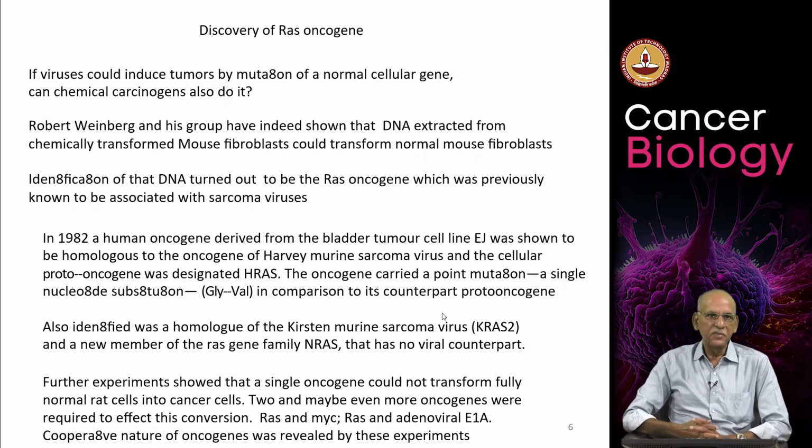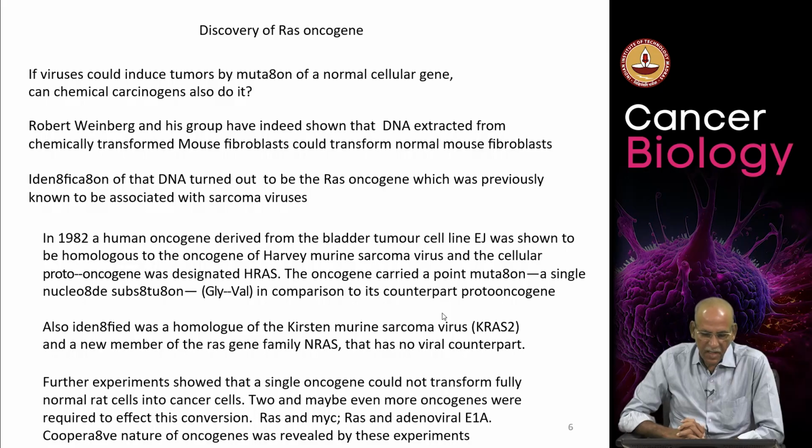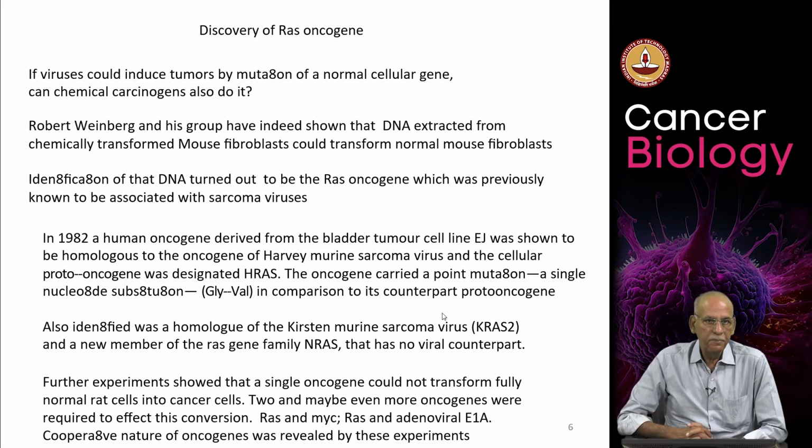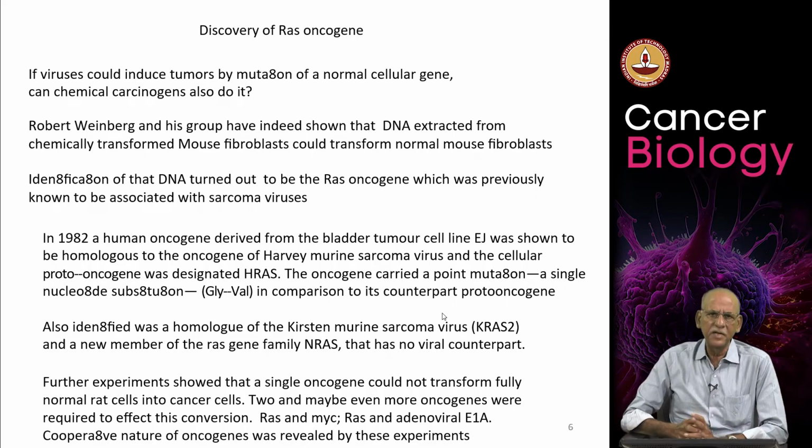So, we call him Bob Weinberg, and his group at Harvard University were the first people to show this kind of chemical transformation that could ultimately cause cancer, and they identified certain genes also. They showed that DNA extracted from chemically transformed mouse fibroblasts could transform normal mouse fibroblasts. Experiments were done in mice.